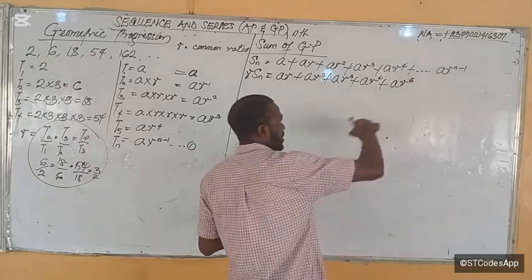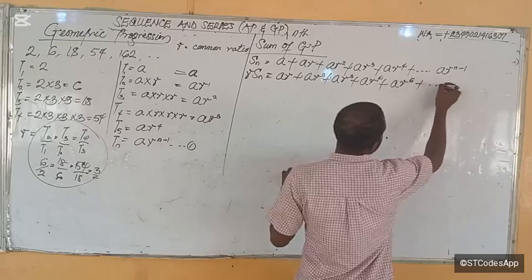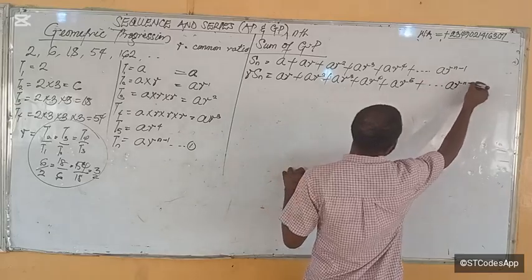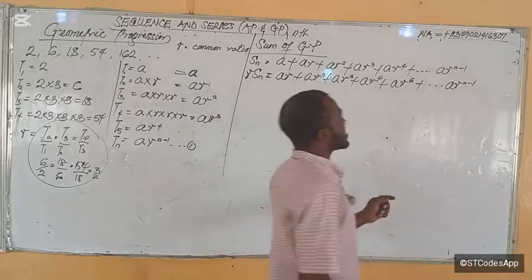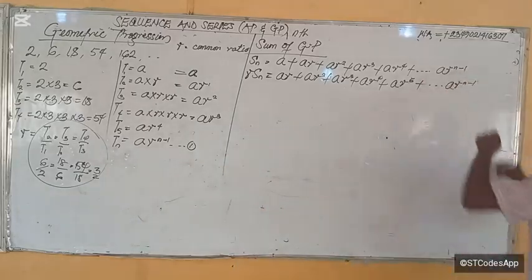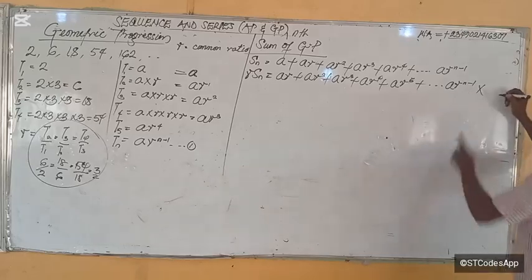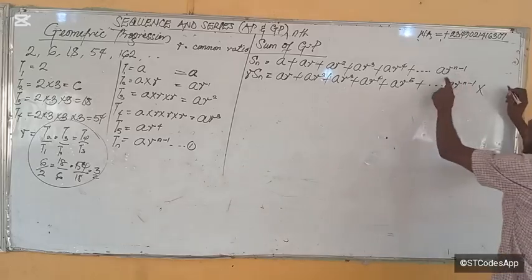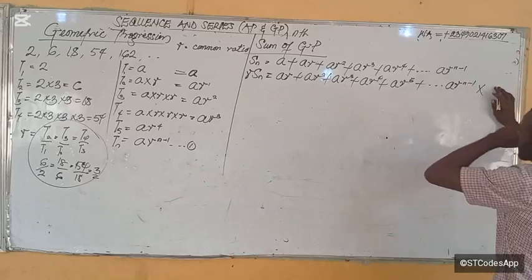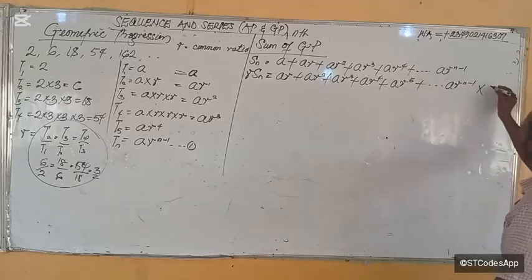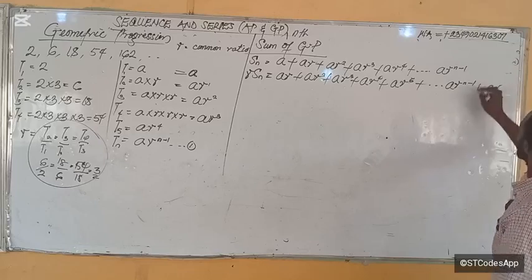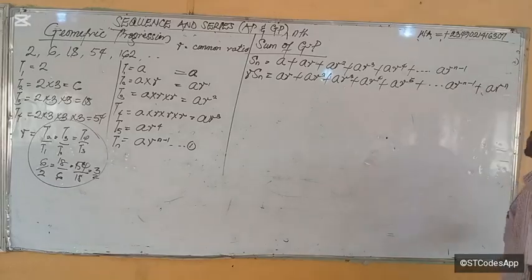So by the time I do that, I'm going to get up to this place, AR raised to n minus 1. Then, if I multiply this last term by R, I'll get AR raised to power n.